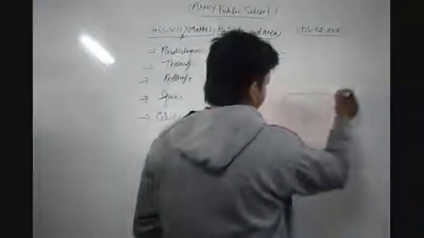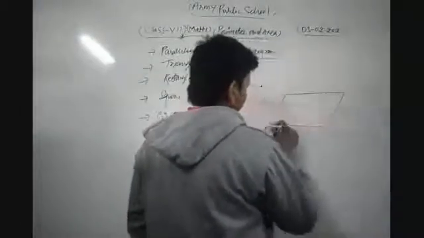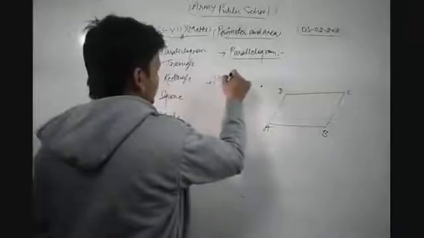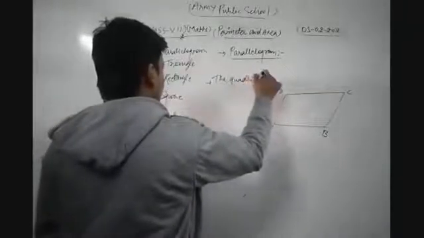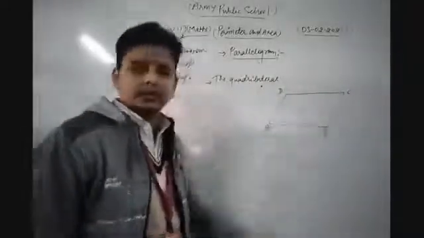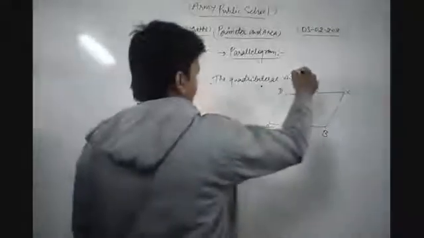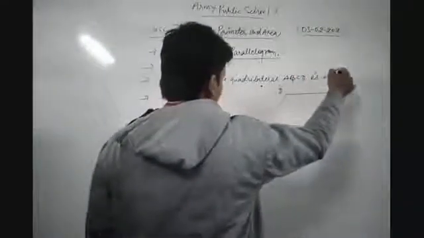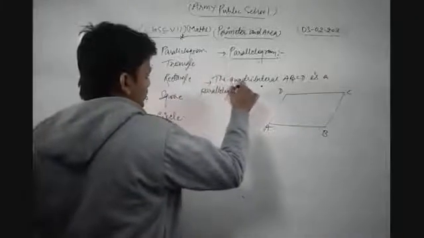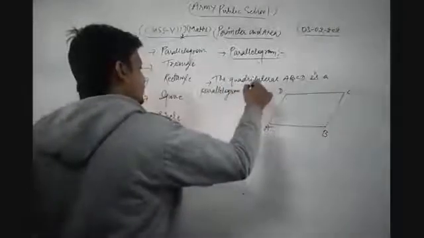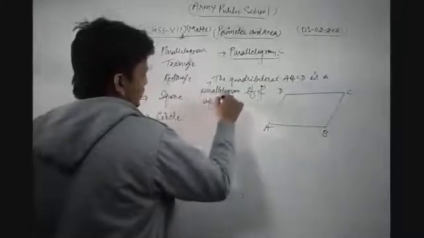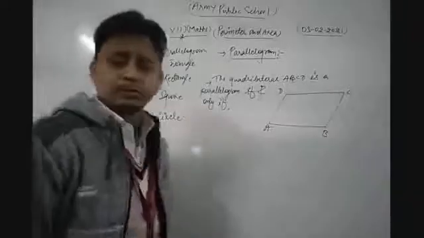Let's see here, A, B, C, D. The quadrilateral ABCD is a parallelogram if and only if its opposite sides are parallel.